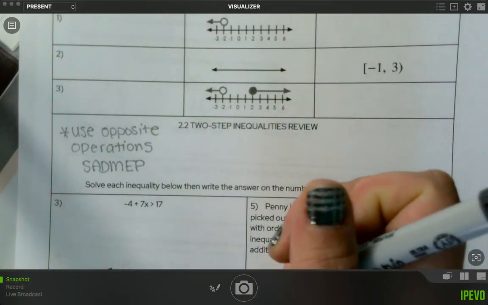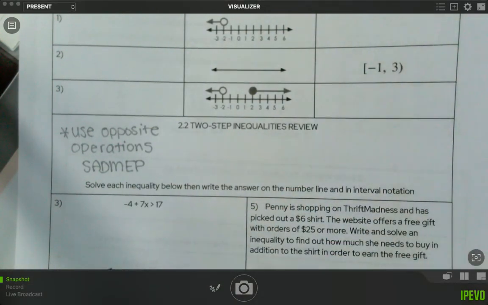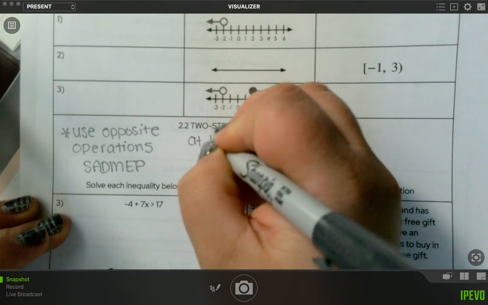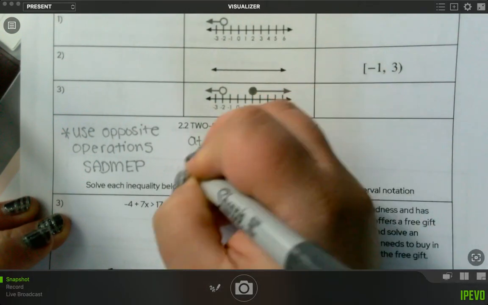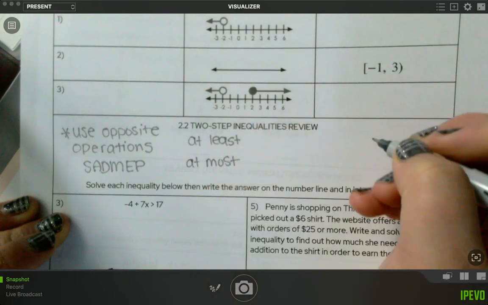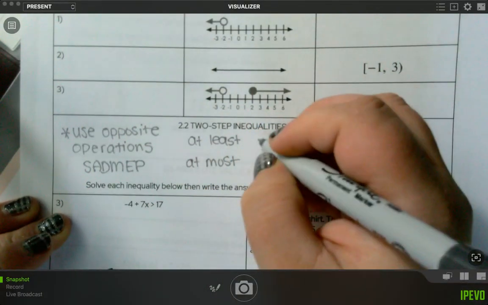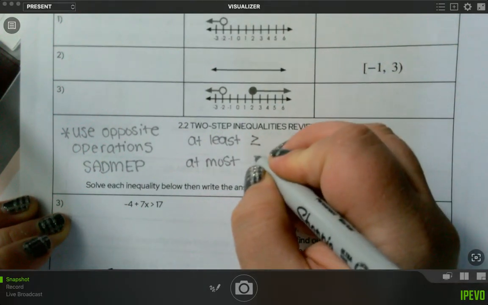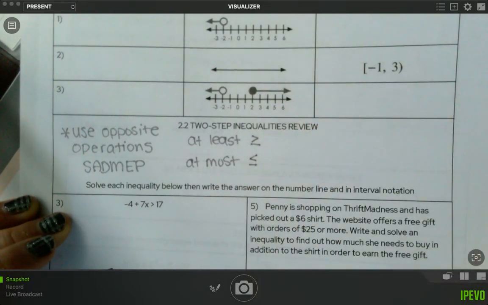Okay. The other thing that I'm going to say under 2.2 is that at least and at most have these two symbols. At least is greater than or equal to, and at most is less than or equal to.